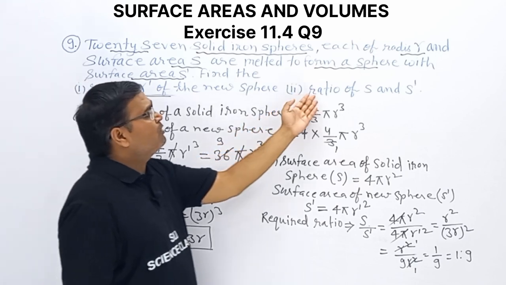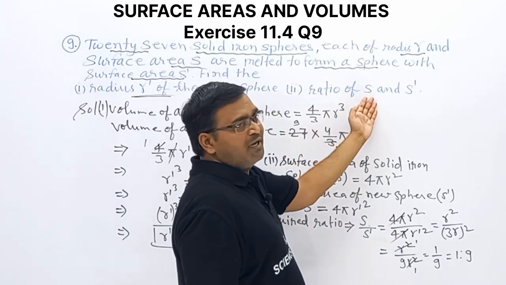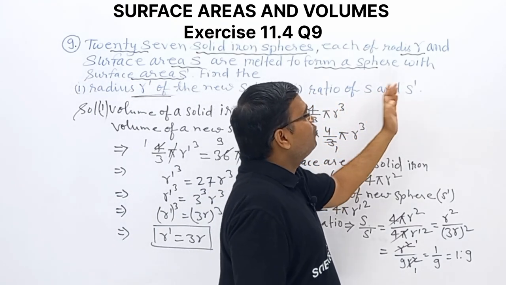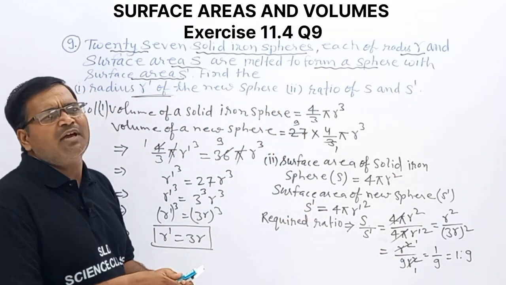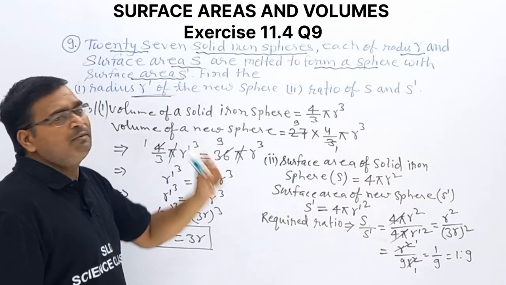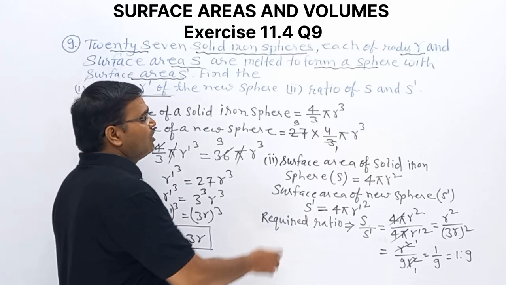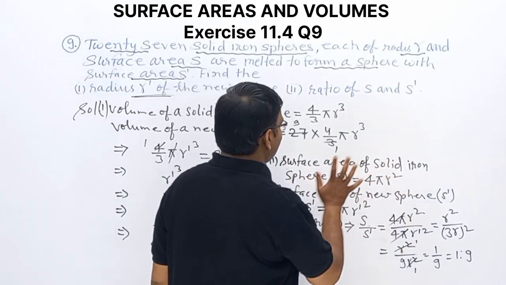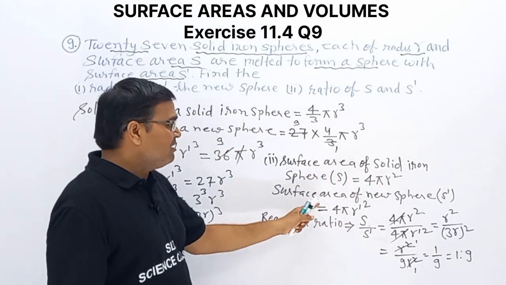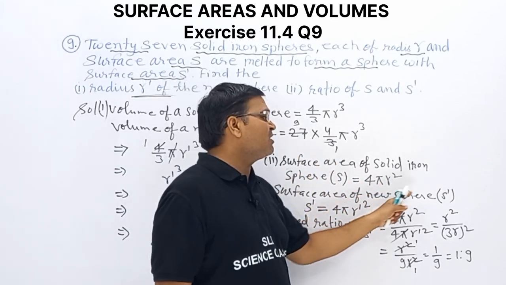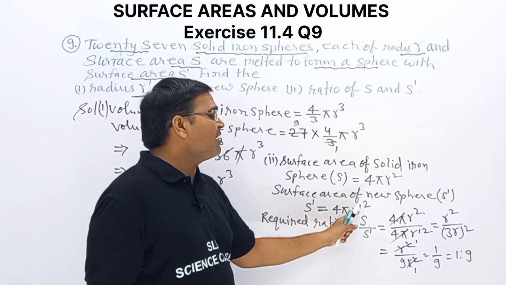Another thing, we want the surface area of a solid iron sphere to the surface area of the new sphere made by melting 27 of them. So what will be the surface area ratio? First we should know the surface area of a solid iron sphere, which is 4 pi r square. Melted, the new surface area S dash will be 4 pi r dash square.